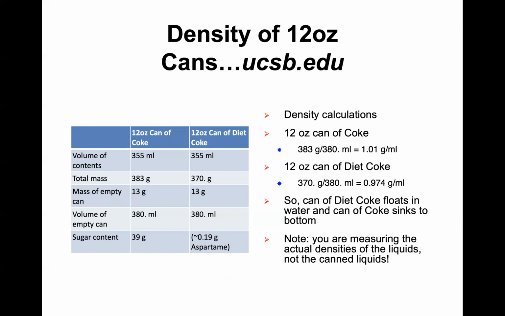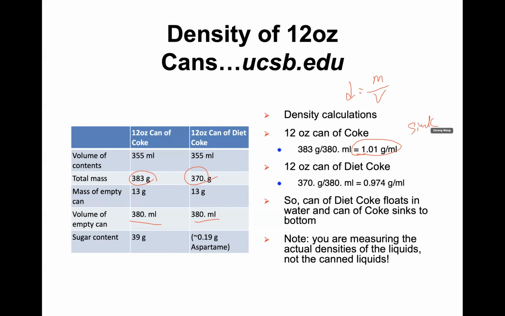Now, here are the calculations. We mentioned that the density equals mass over volume. For both, we can easily calculate their mass divided by their volume, right? You can see for the regular Coke, the density is slightly greater than 1, so that's why it sinks to the bottom.